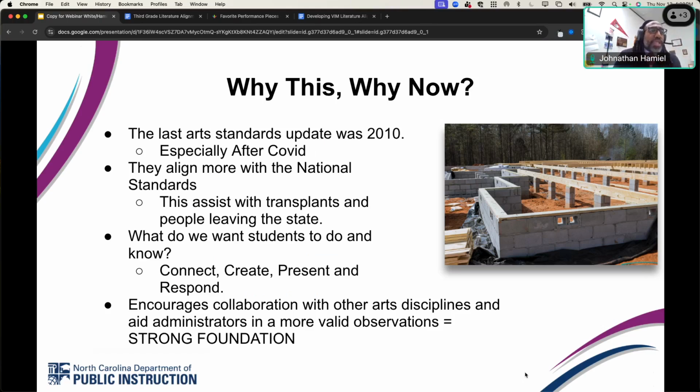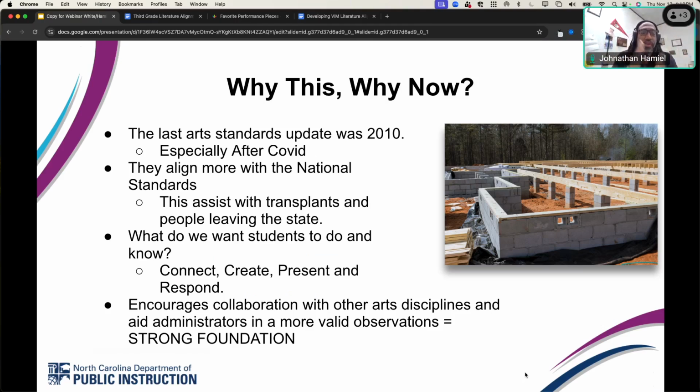Also, it encourages more collaboration with arts disciplines. So for instance, we have connect, we have create, we have present, we have respond. We don't have to sit down and say, well, my musical contextual relevancy is just like you're this and just like you're that.